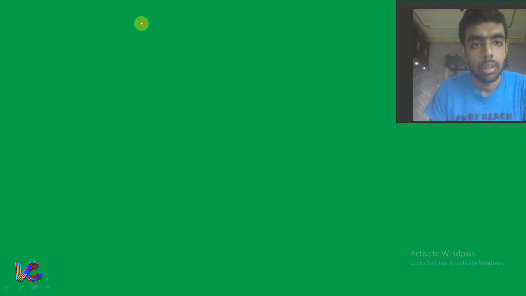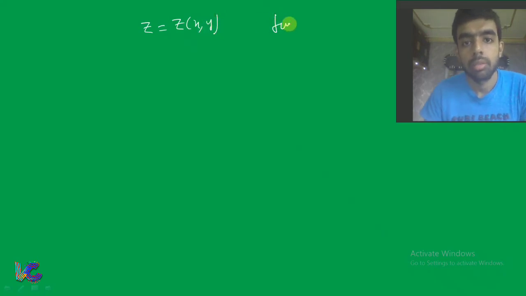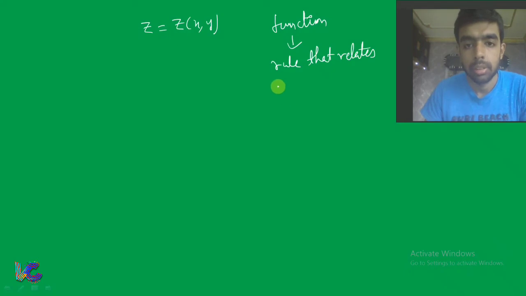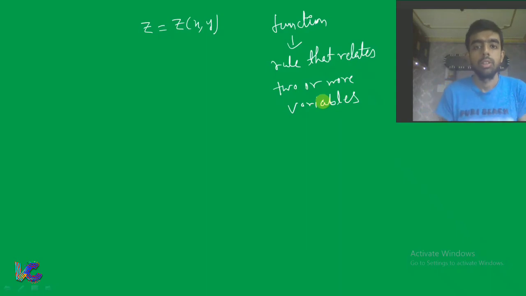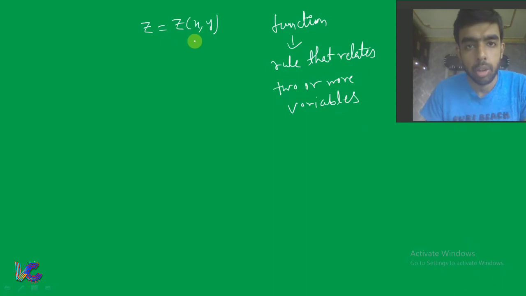Suppose you have z and z is a function of x and y. What is a function? A function is a rule that relates two or more variables, and I am saying z is a function of x and y.